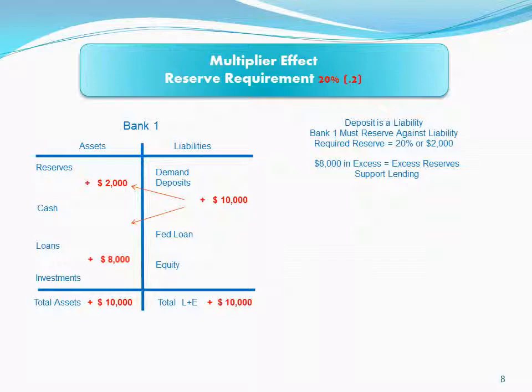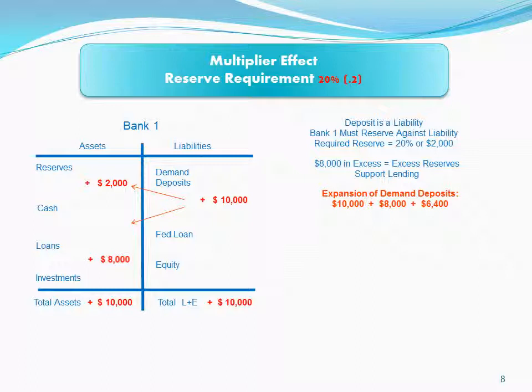All right. So typically now we understand this, but this 8,000 is going to move through the system. We know it's going to go to Bank 2 and Bank 3. With a 10% reserve requirement, the expansion ends up, as we've seen already, 10,000 deposits in Bank 1, 8,000, and then 6,400 in Bank 3.